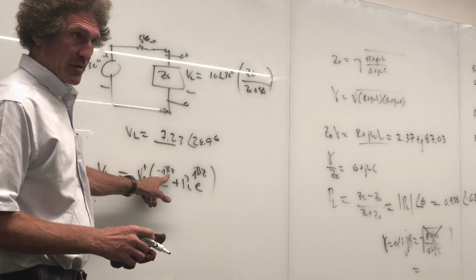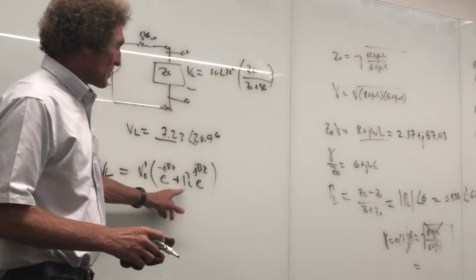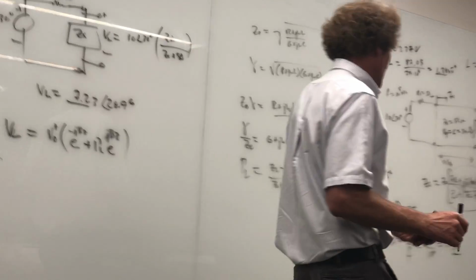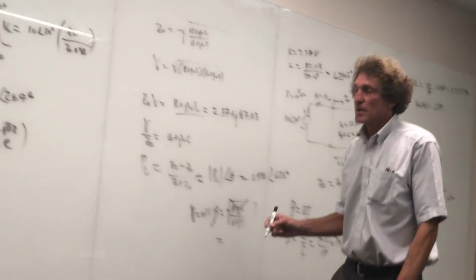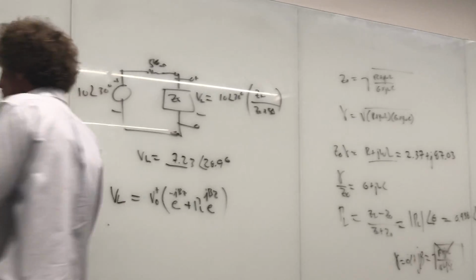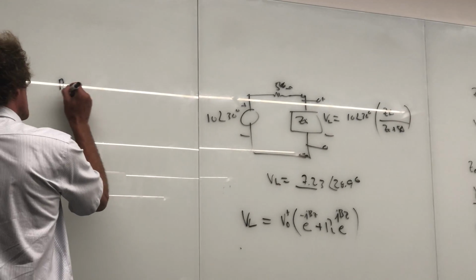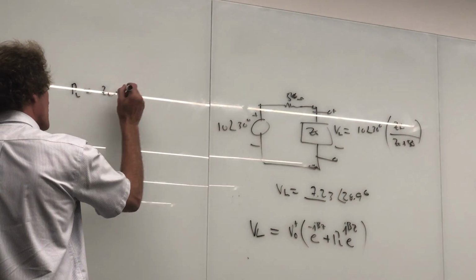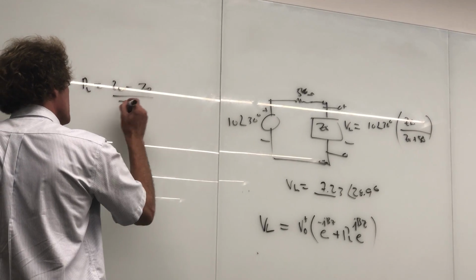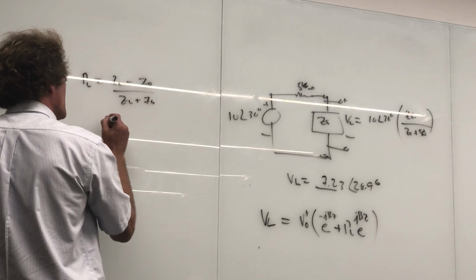Now, listen carefully. What is the reflection coefficient? I'm going to put the reflection coefficient over here. What is the definition of the reflection coefficient? We just talked about this. Anyone? ZL minus Z naught over ZL plus Z naught. You have to know this one.